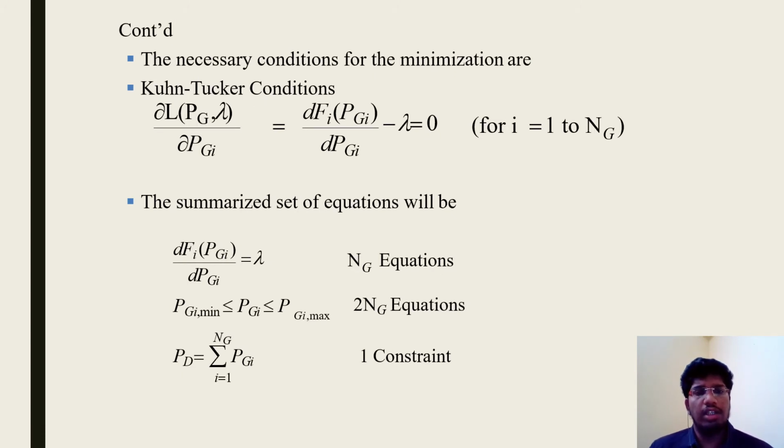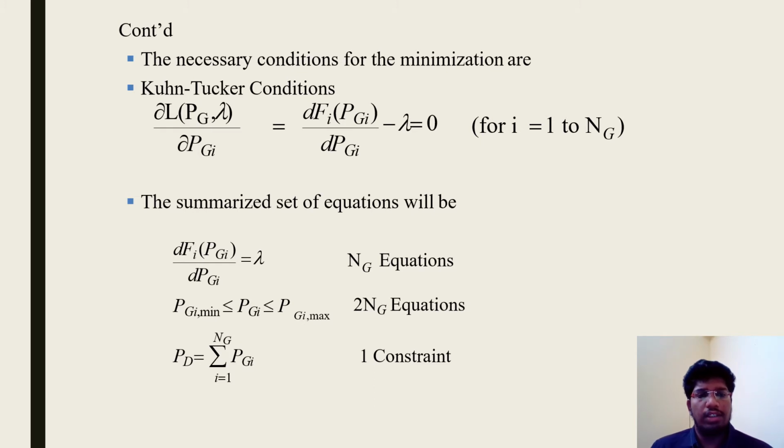The necessary conditions for the minimization are the Kuhn-Tucker conditions. Del L(P_g, lambda) by del P_gi equal to dF_i(P_gi) by dP_gi minus lambda equal to 0 for i equal to 1 to Ng.